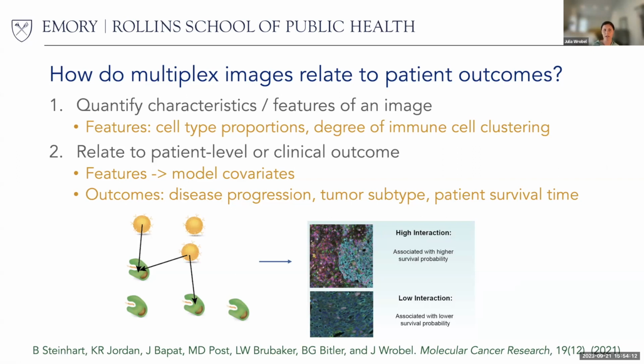You extract these features and then you relate them to your patient level outcome. Those features become model covariates, and outcomes are typically things like survival or tumor subtype or disease progression. And a former student of mine, Ben Steinhardt, developed an interaction metric for this paper that we published a couple of years ago.